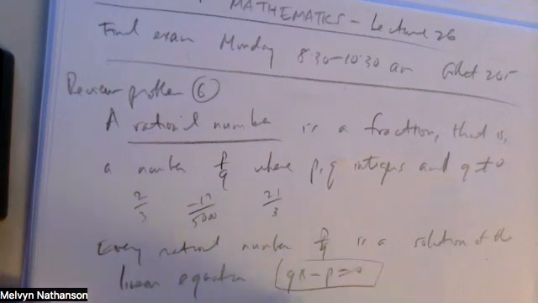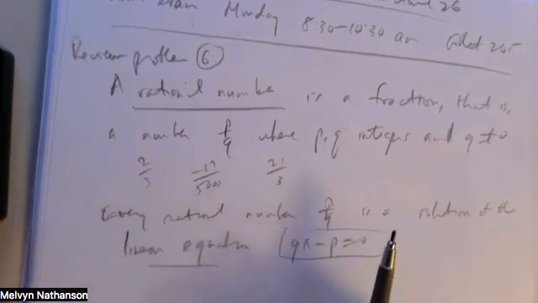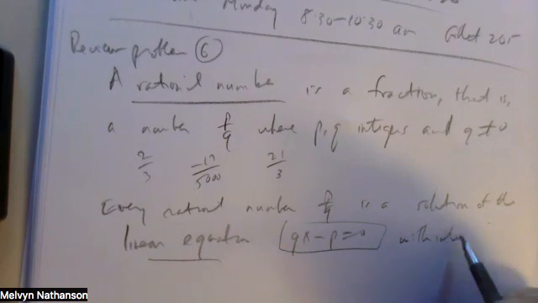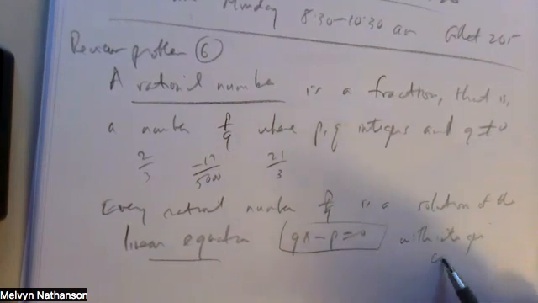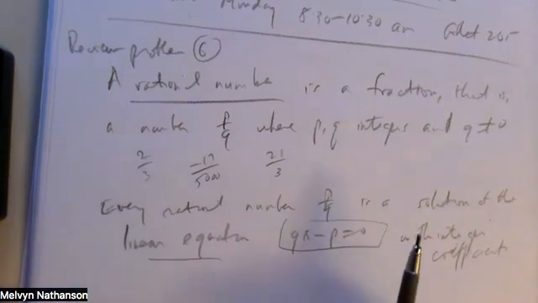So if you take this equation in X, this is linear, it's first degree. And if you let X equal P over Q, you get 0. So every rational number is a solution of a linear equation with integer coefficients. The coefficients are P and Q.